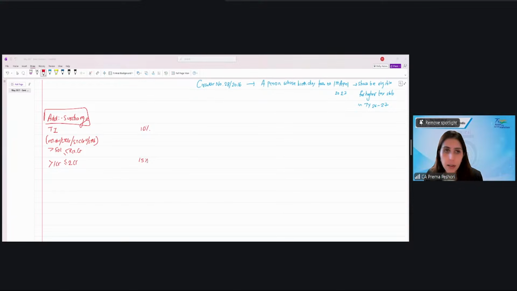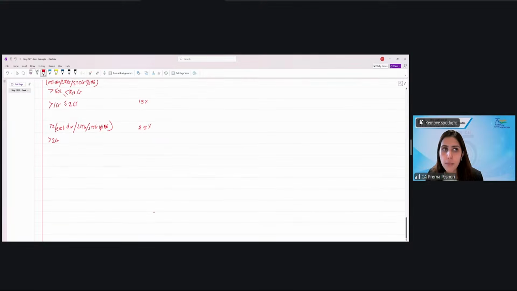If my total income excluding dividend, LTCG, STCG is greater than 2 CR, then in that particular case, my surcharge will be 25%.